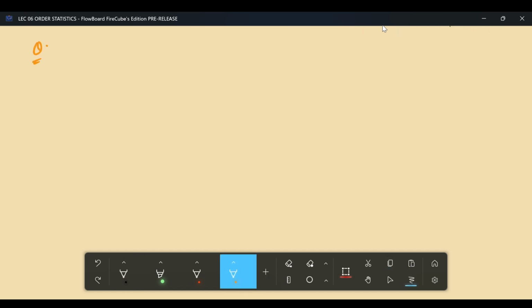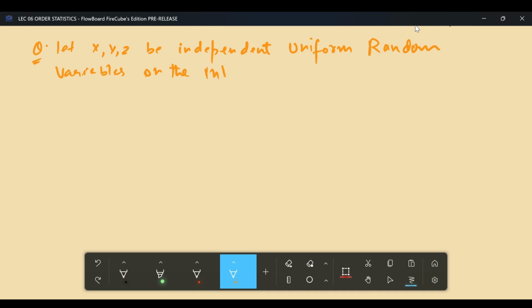Now see, another question is: let X, Y, Z be independent uniform random variables on the interval (0, a).